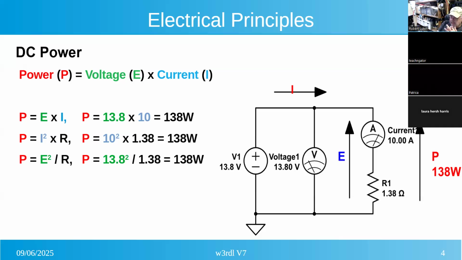Starting to get this a little bit. If we had 13.8 volts, that's an important number because most amateur radio equipment runs on 13.8 volts DC. So you'll see that number a lot.